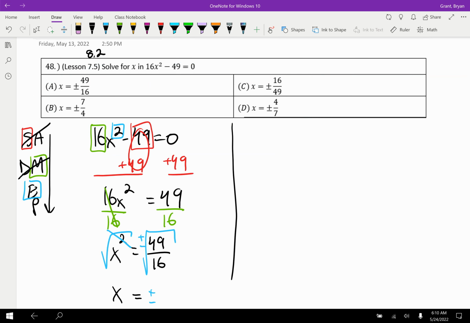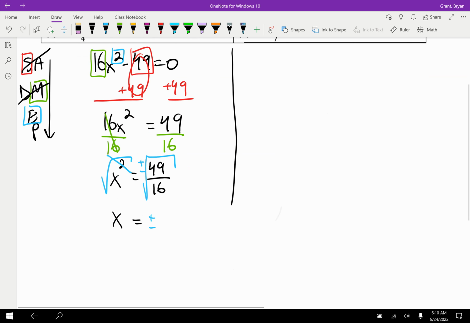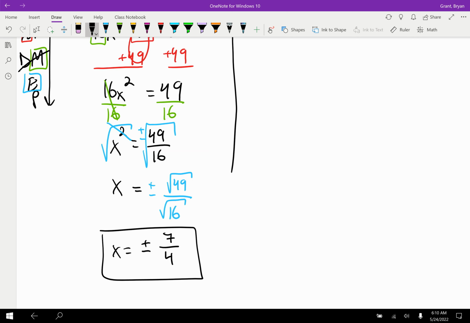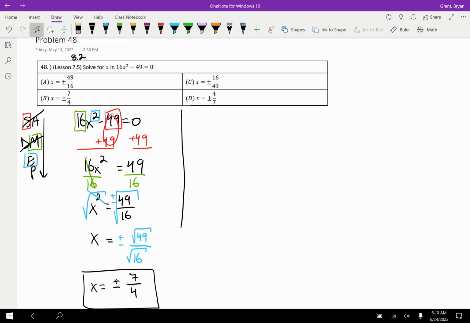Well, we are allowed to distribute, that scary shortcut, we're allowed to distribute a square root as long as there's only multiplication or division. And there is only division here. So I'm going to distribute the square root to the 49 and distribute to the 16. So to finish this off, the square root of 49 is 7. The square root of 16 is 4. Now we have no more square root, and we have an answer that I believe matches B, 7 over 4.